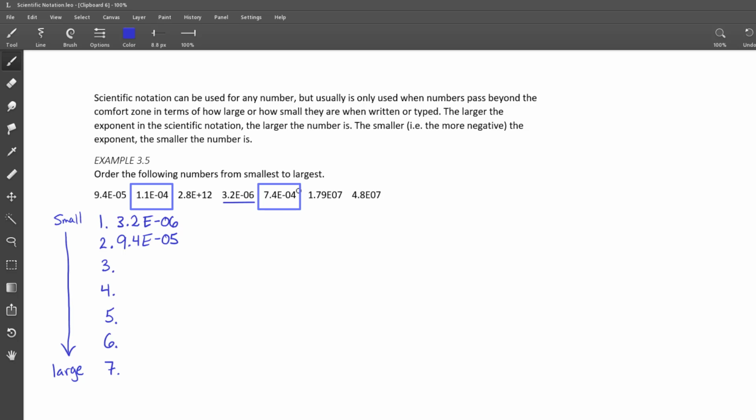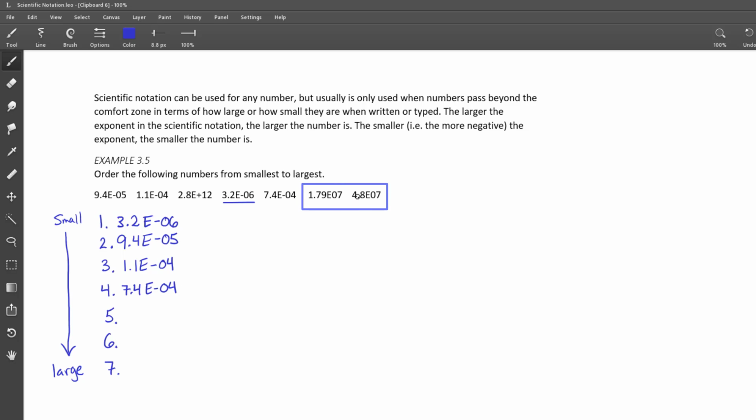And in this case, since they're within the same exponent on the 10, we just compare the 1.1 and the 7.4. So 1.1 is smaller than 7.4. 1.1 times 10 to the -4 is the next largest, and 7.4 times 10 to the -4 is larger than 1.1 times 10 to the -4.